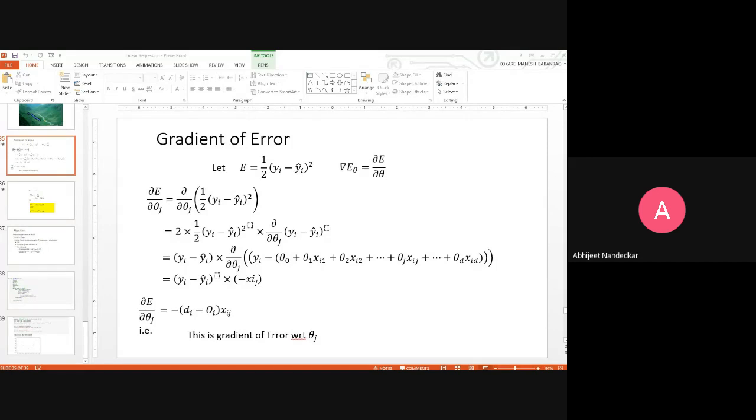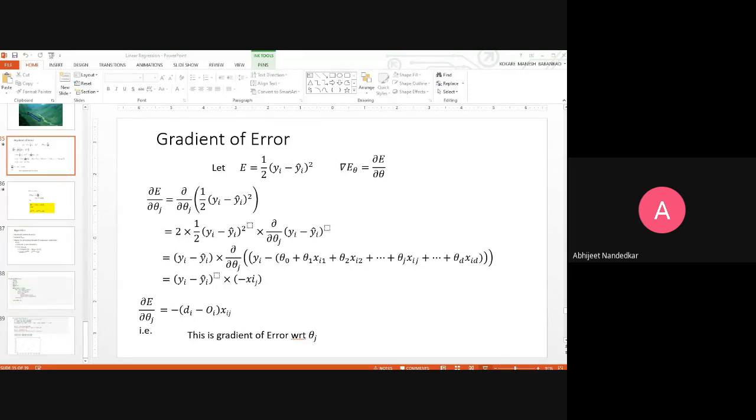Theta j is the parameter to be estimated for the given data. These theta j's will decide the model performance. If you expand this summation, it will look like this.